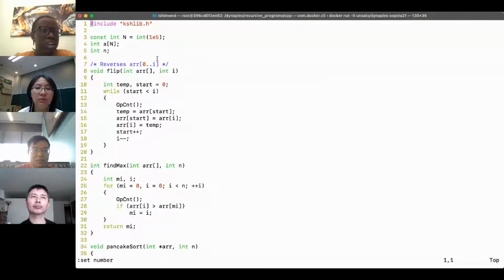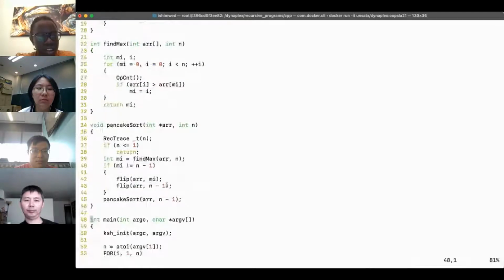We've developed an instrumentation library for C++, which comes included with the source code on line 1. So all you have to do to run the analysis is to include the library. The function to analyze here is PancakeSort.